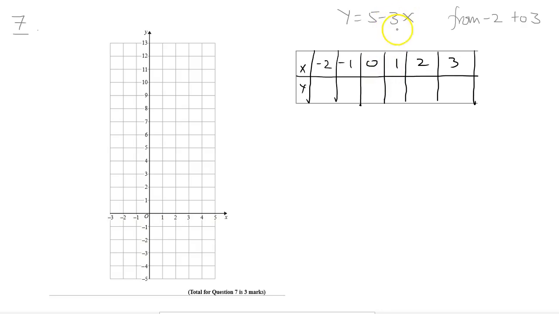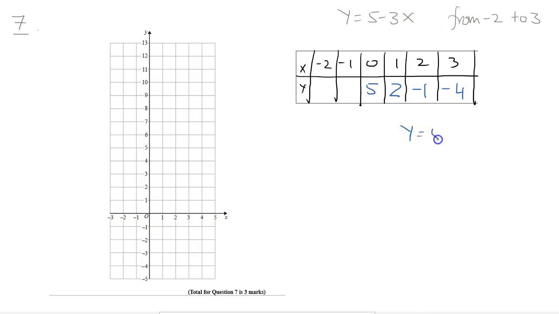If you put 0 here, Y will be 5. If you put 1 here, 5 minus 3 is 2. If you put 2 here, that is 6, so 5 minus 6 is -1. If you put 3 here, 3 times 3 is 9, 5 minus 9 is -4.